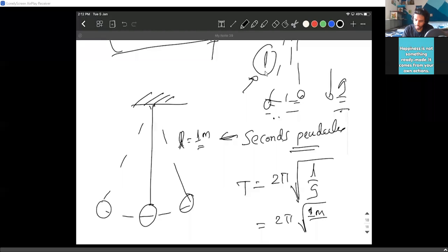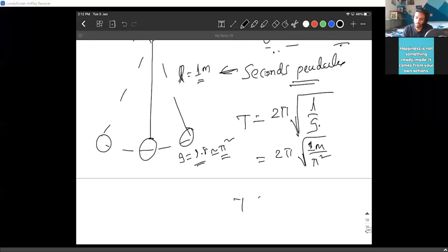People sometimes write the value of g; g is 9.8, which is nearly equal to π squared. So they put π squared there. What you get is 2π into 1 by π, so you get 2 seconds as the time period.